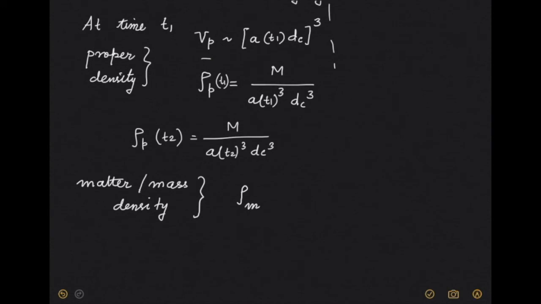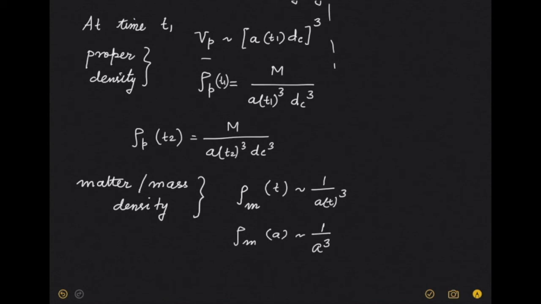Whenever I talk about density, I will talk about the proper density only. So this is a function of t, which goes as 1 by a(t) cubed. Or I can also write it as a function of a, then it is easier to understand.